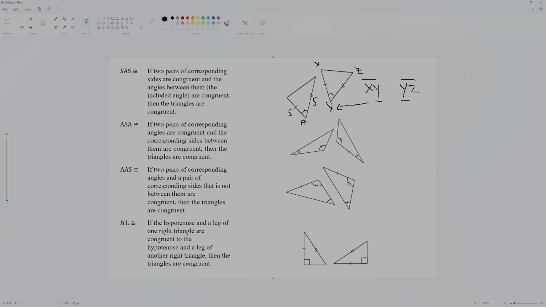Sometimes what will happen is you'll see a triangle that'll look like this. And then they'll do something like this. This is an example of a triangle that is not side angle side, because that angle is not the included angle.